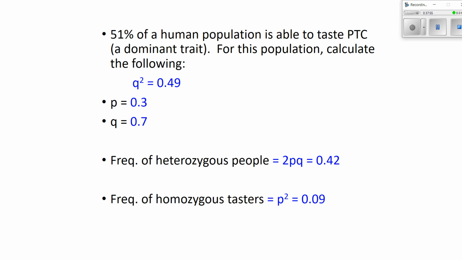I don't recommend ever going beyond 2 decimal places, except on a very rare occasion when you get a genotype frequency really close to 1, like 0.99999, or really close to 0, like 0.00001. That's pretty rare, and you probably would never see one on the AP exam, but just in case, let's try it.